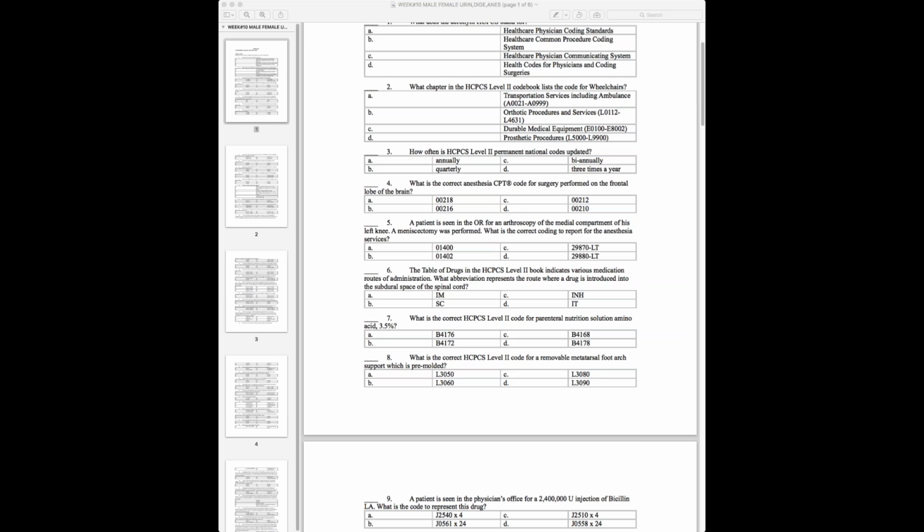Number 30. This is also a transurethral resection. You always want to look at the size, right? We got the size of the tumor in your CPT book, and it tells you 3.0 for number 30.